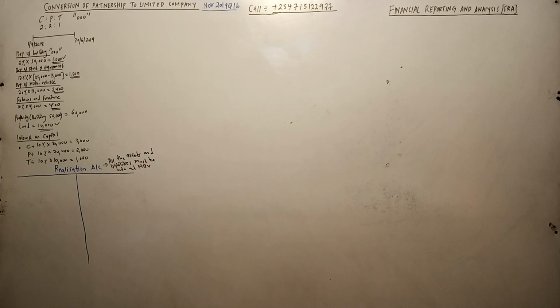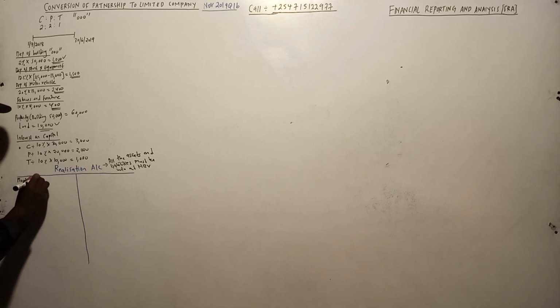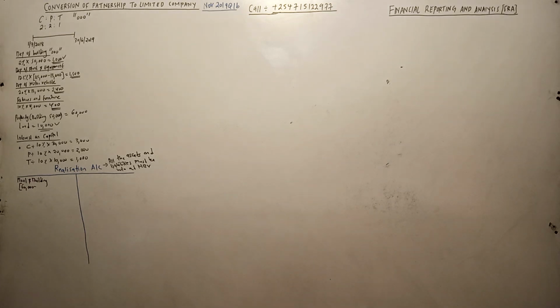Let's start with the first one: plant and building. The cost was 60 million, including the land.